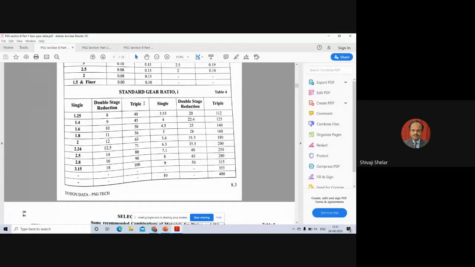Now, for the single stage, we require a transmission ratio of almost 16 here. In single stage, in this column the ratio goes up to 3.15, then 3.55, then the maximum available in single stage is 10. So this cannot be done with a single stage speed reduction.